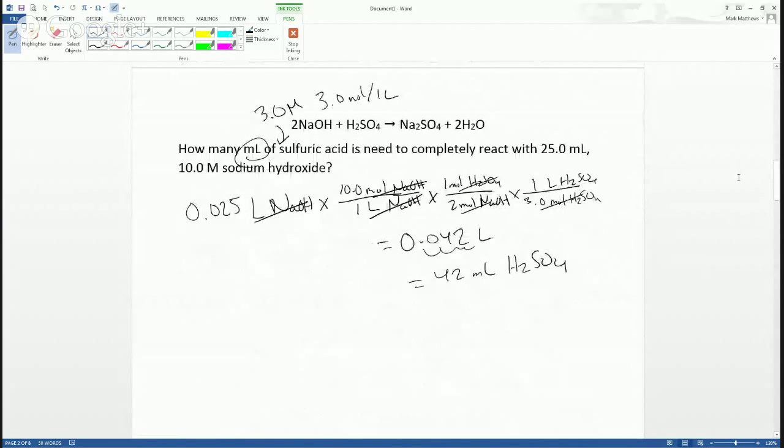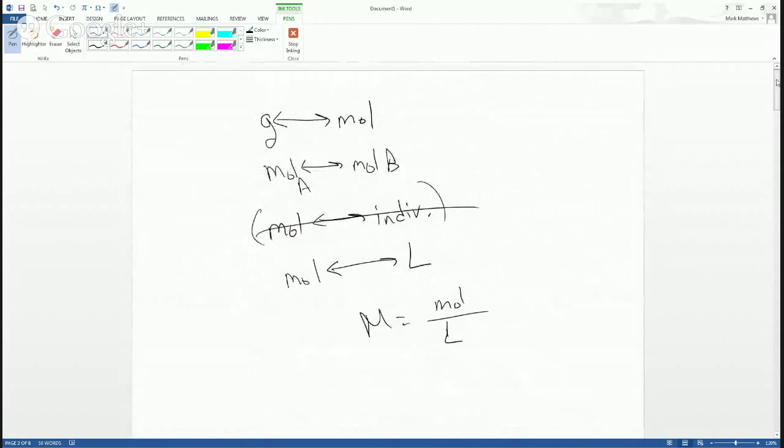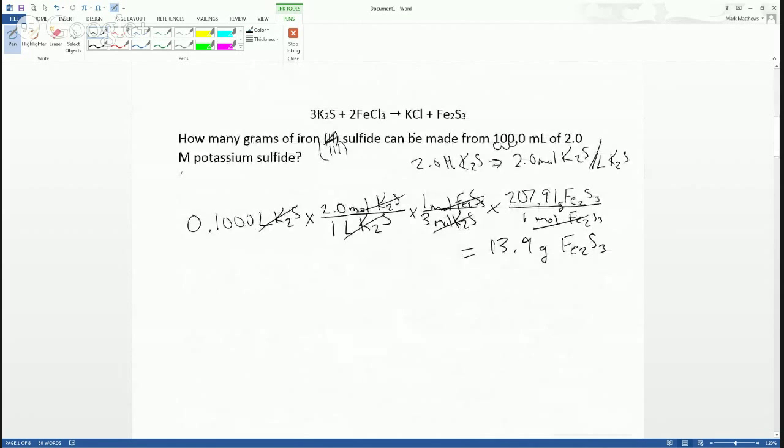So again, it's the same 3 conversions that we're just doing over and over again. 4 if you count moles to atoms/molecules, but we don't do a lot on the atomic level by the time we get into reactions, because we usually think about reactions on the mole scale.